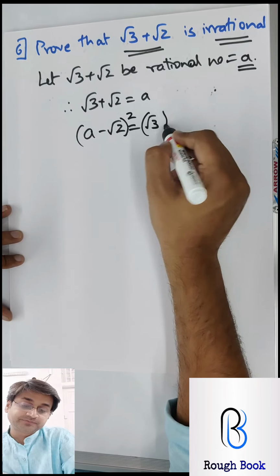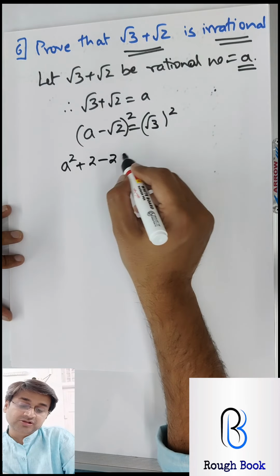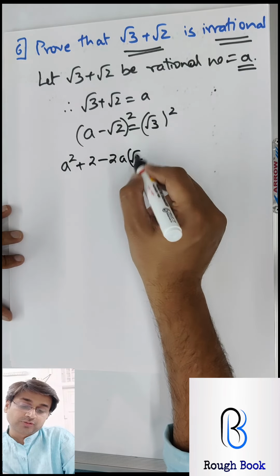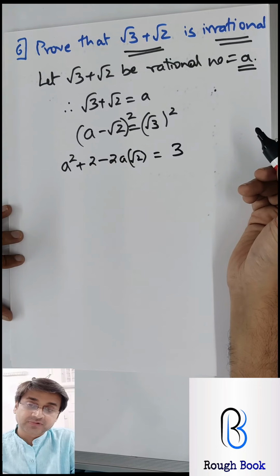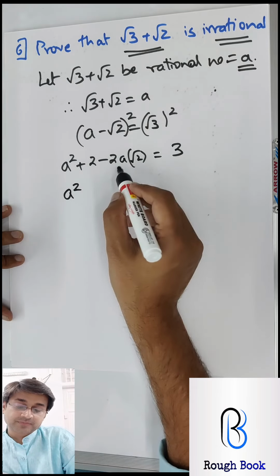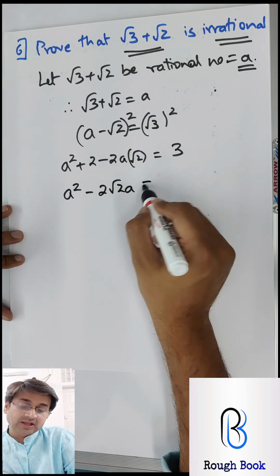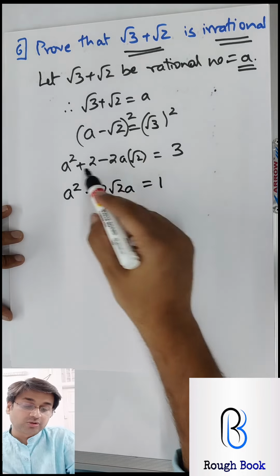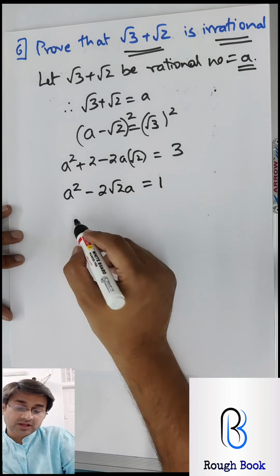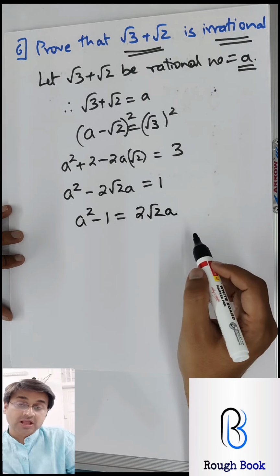Squaring both sides. So I get a square plus 2 minus 2a into root 2 is equal to 3. Correct? A square plus b square minus 2ab. So a square minus 2 root 2a and 3 goes on the other side. Sorry, 2 goes on the other side, so becomes 1. So a square minus 1 is 2 root 2a.